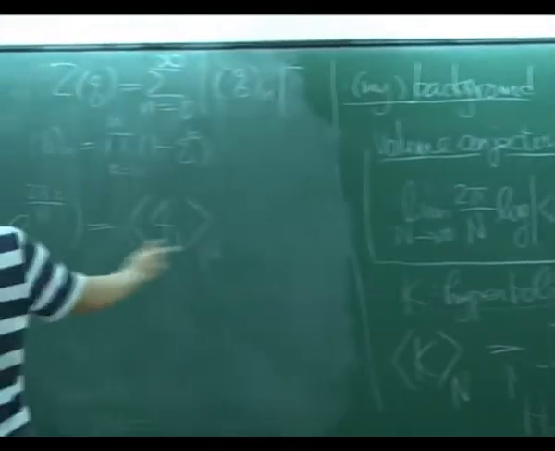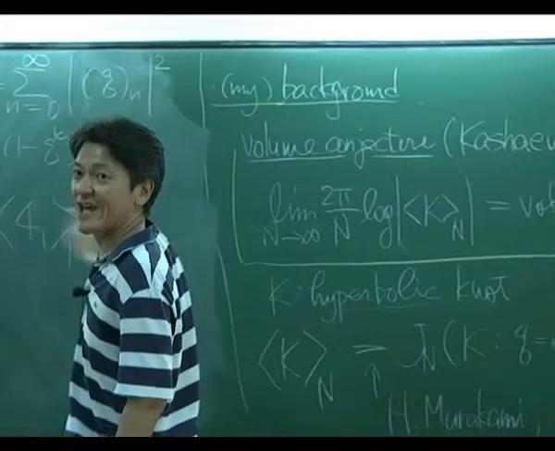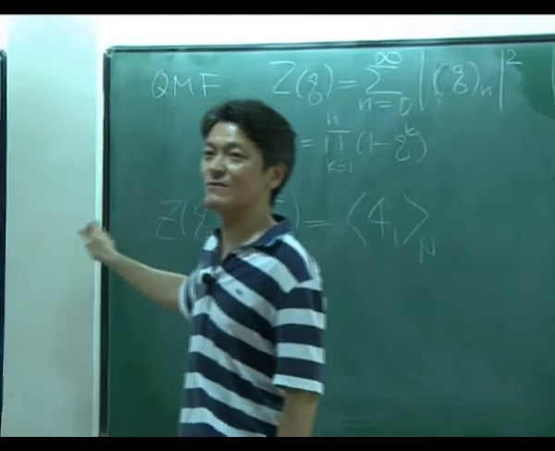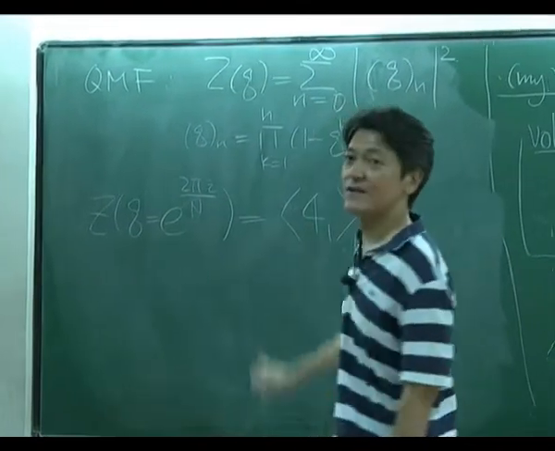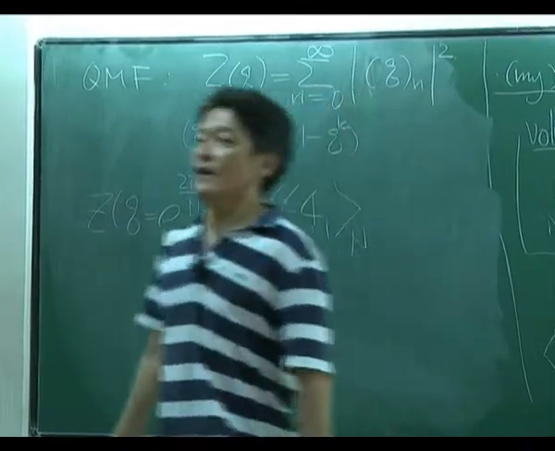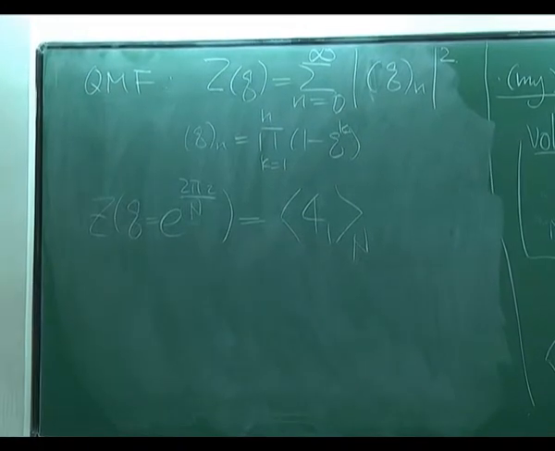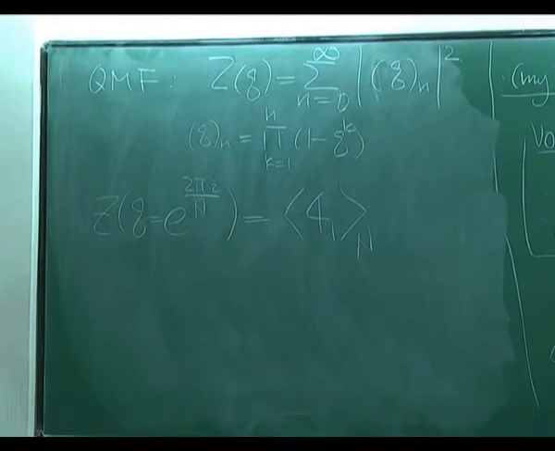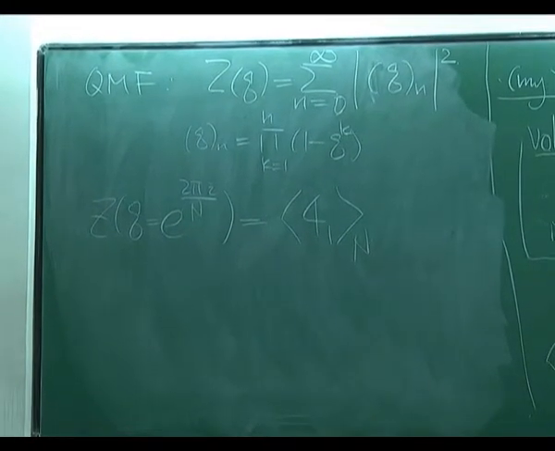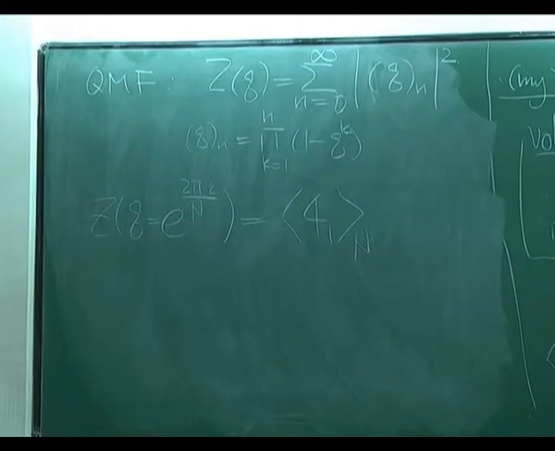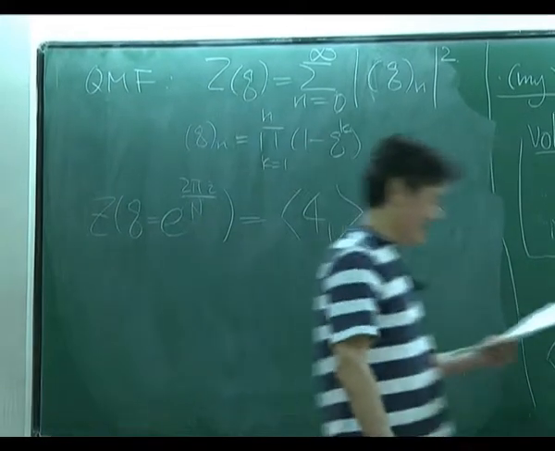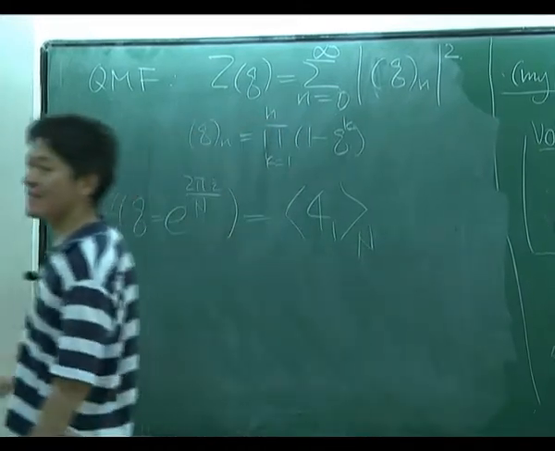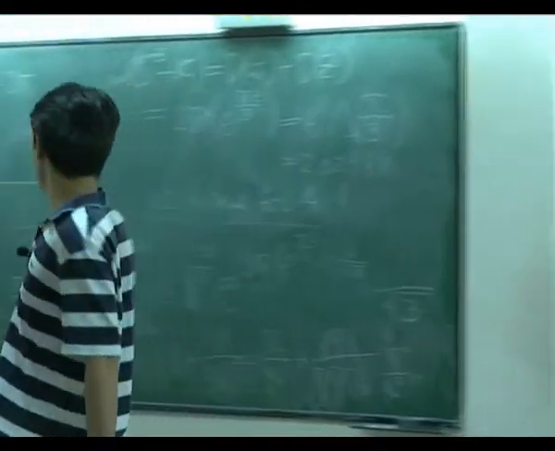So every Kashaev invariant could be regarded as a quantum modular form. But would there be quantum modular forms labeled by knots? Anyway, the definition of quantum modular form is very subtle. There's some definition. But is it related to the volume conjecture, this property of being modular up to some correction? I don't know.